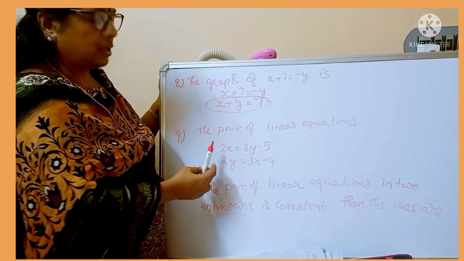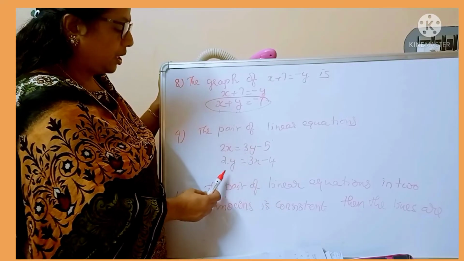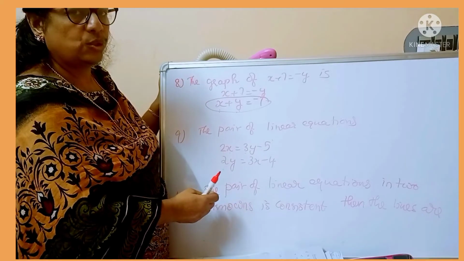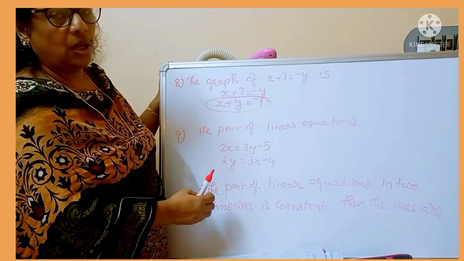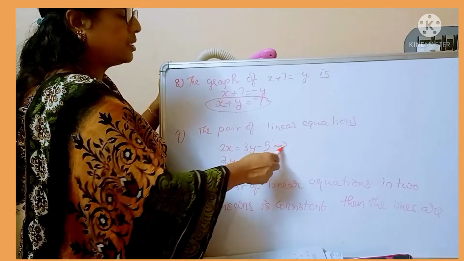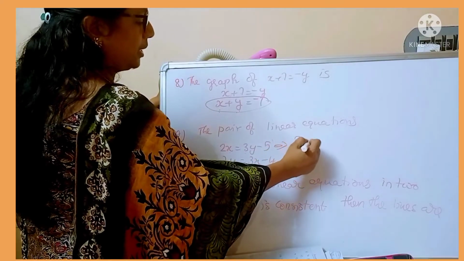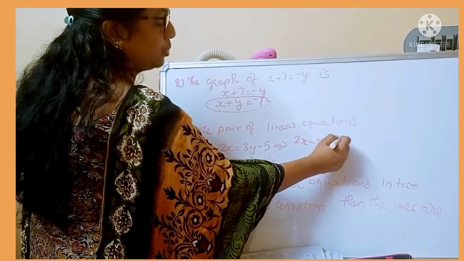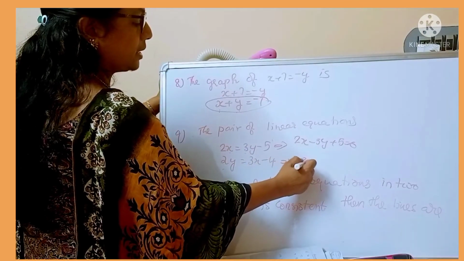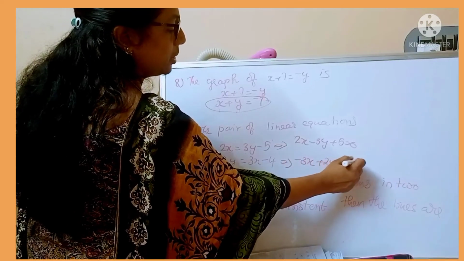Then the ninth one: the pair of linear equations 2x equal to 3y minus 5, 2y equal to 3x minus 4. Does it have a unique solution, no solution or infinitely many solutions? For that, first we want to convert this into general form. So 2x minus 3y plus 5 equal to 0, and here minus 3x plus 2y plus 4 equal to 0.